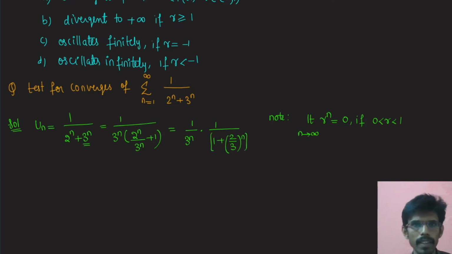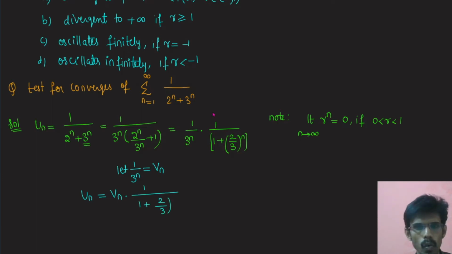Let this 1 by 3 power of n be some Vn. Now we have un is equal to Vn into 1 by 1 plus 2 by 3 whole power of n.